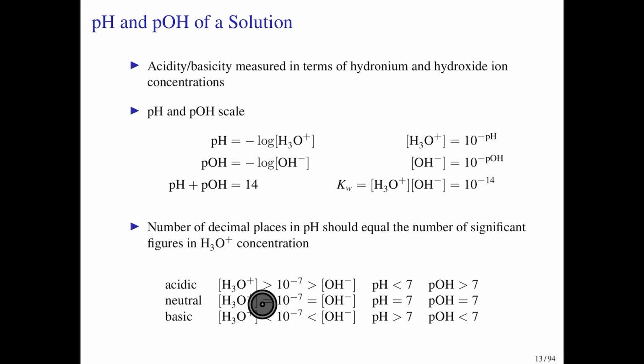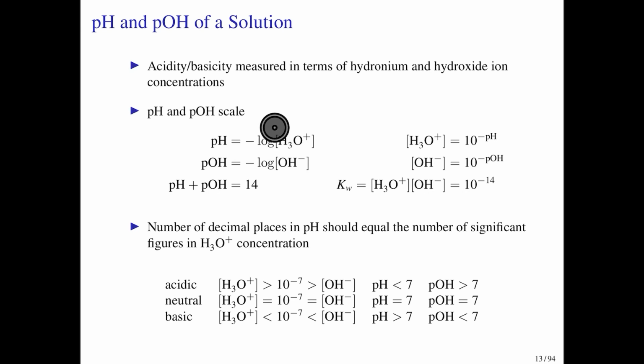It's kind of inconvenient to work with numbers like 10 to the minus 7 and so on, and so we use a different scale to characterize acid strength and base strength, the so-called pH and pOH scales. This is a logarithmic scale.